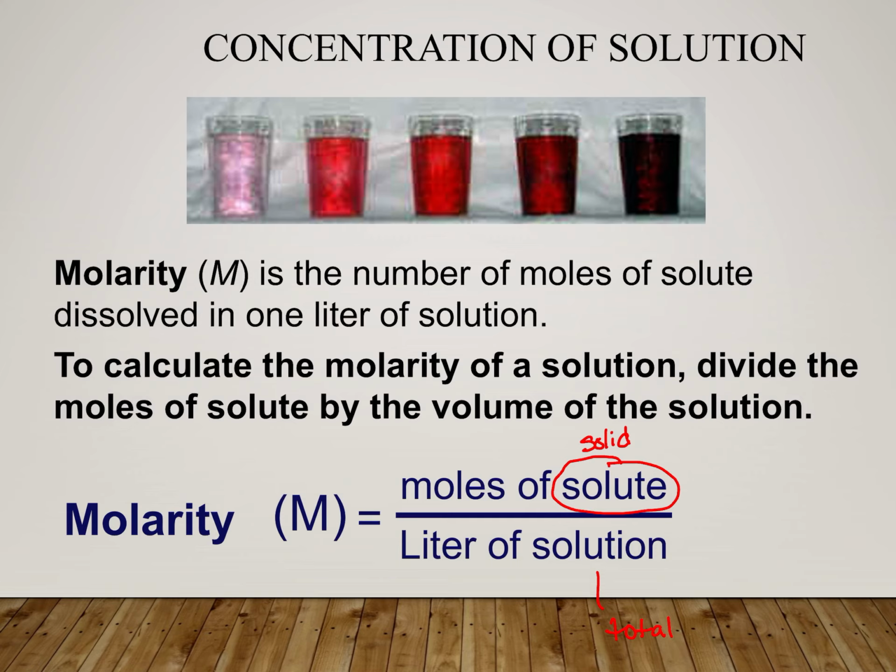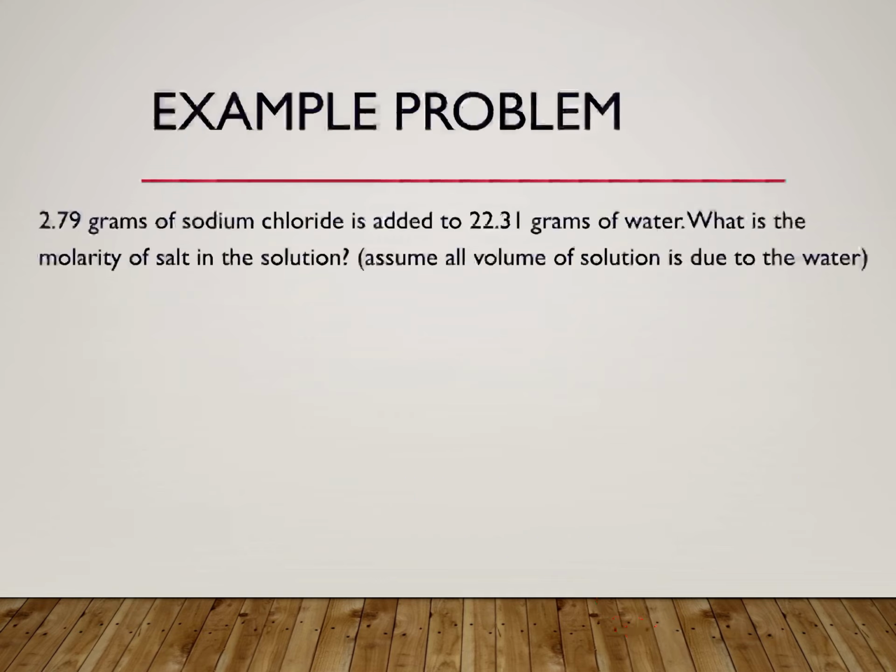Liters of both our solute and our solvent added together. So to calculate it, we just take our moles of solute, we divide it by the liters of solution, press enter, there you go. So we often will abbreviate this just moles over liters, just to kind of shorten our equation.